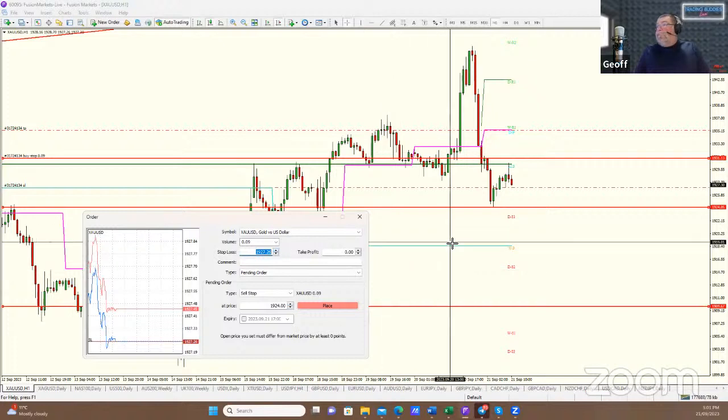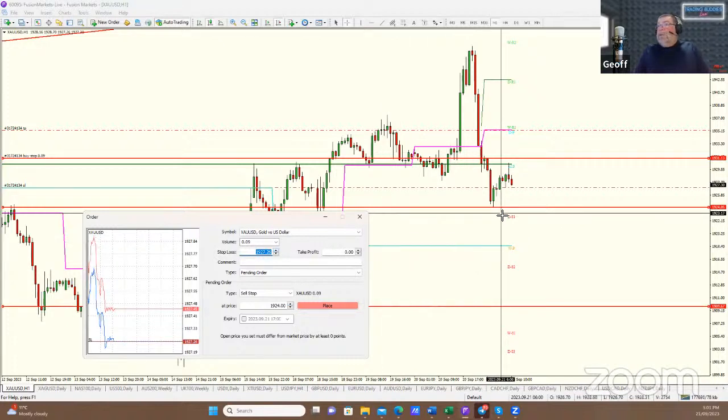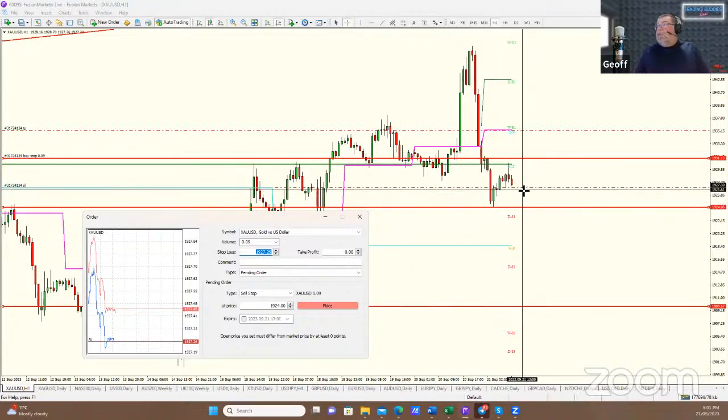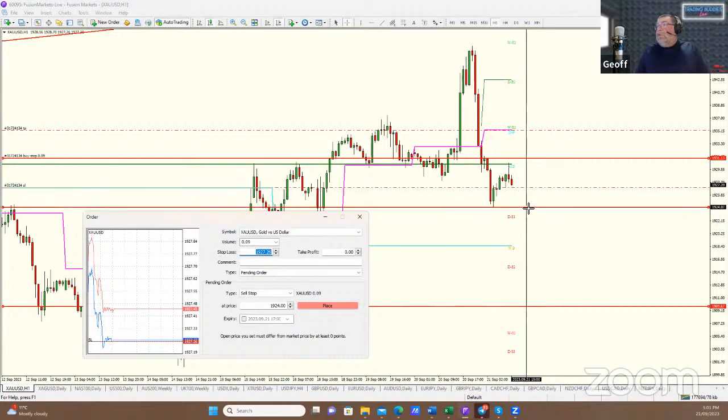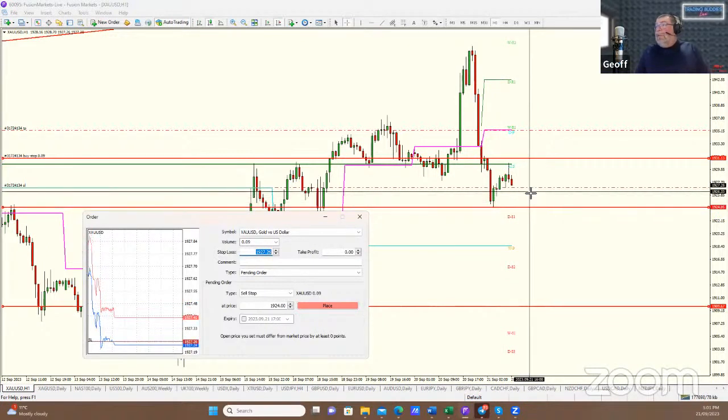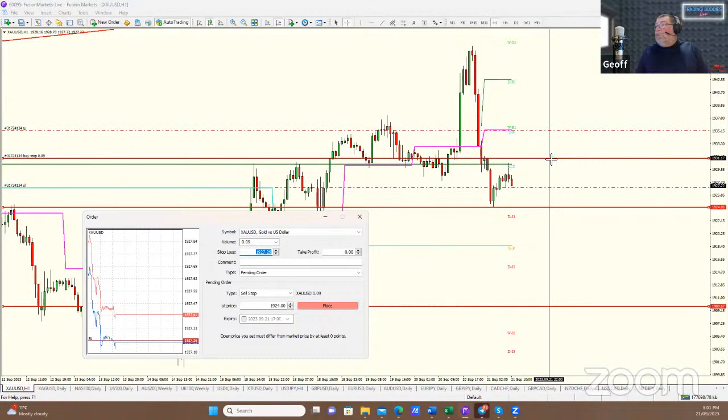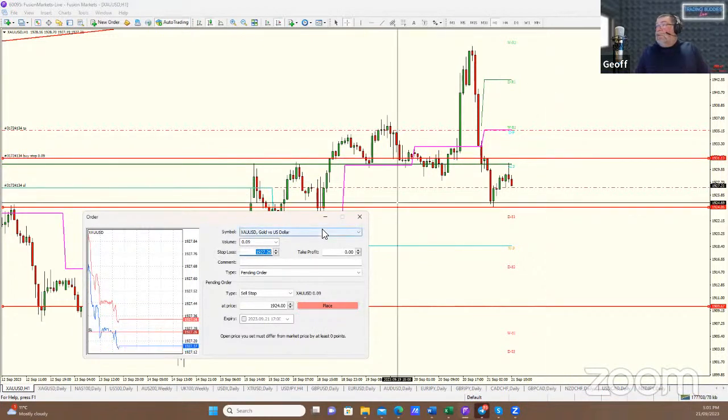And stop loss. That's why I've got the stop loss for the long here. It should be down here. I'll fix that. Stop loss for the short is 1931.20. Whoops. 1931.20.